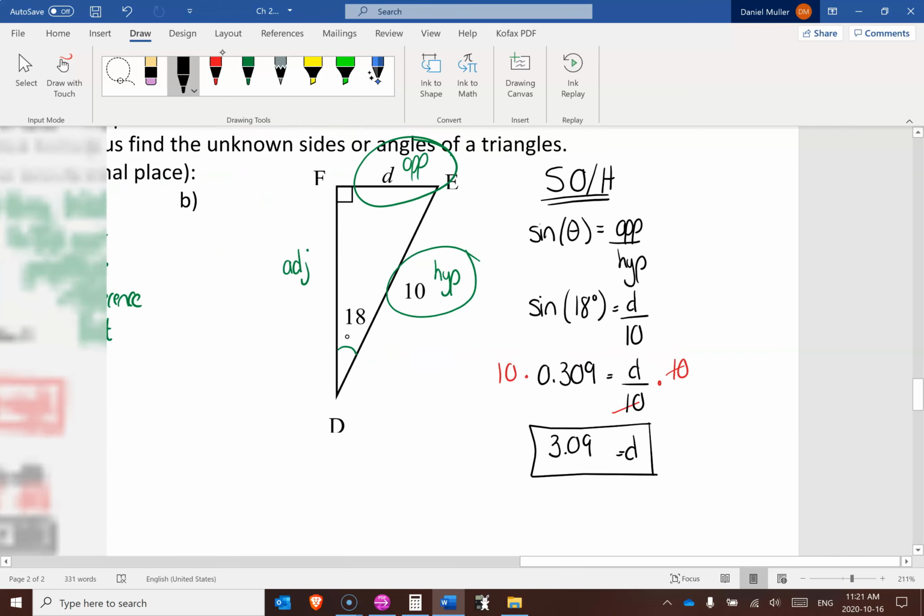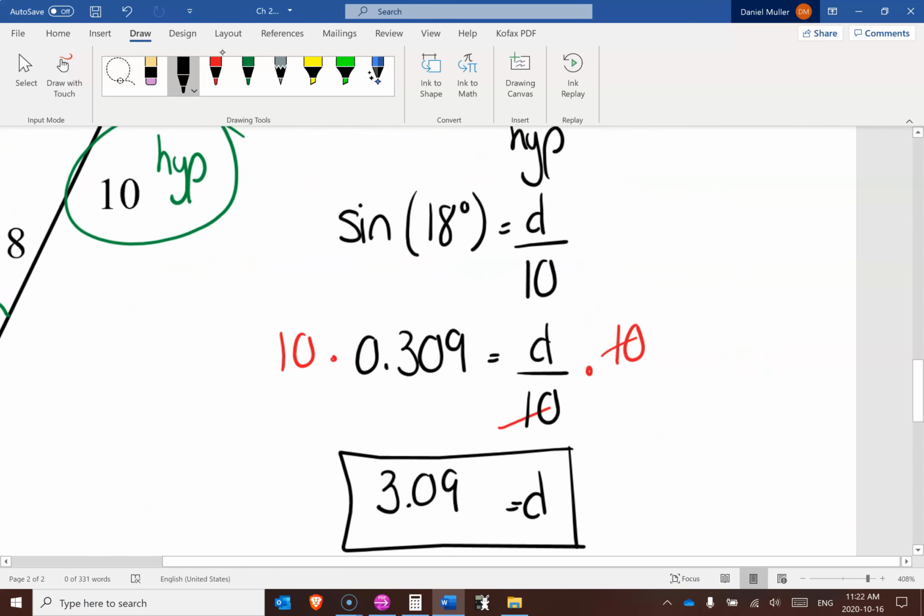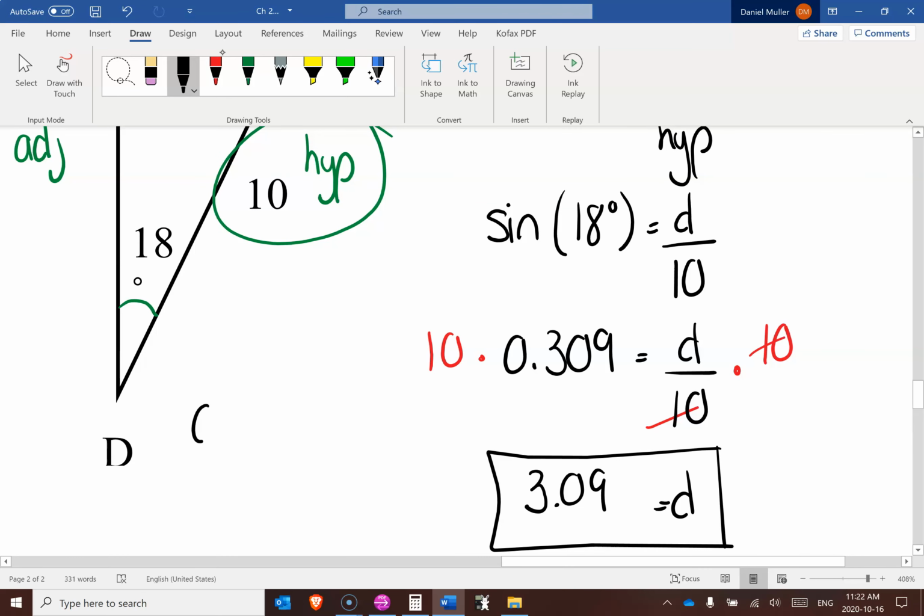Okay, so I would say that this letter B that we did, this question is a lot easier. And one of the reasons I think it's easier is because the unknown D was on the numerator. In the previous question, it would have been 0.309 equals 10 over d.